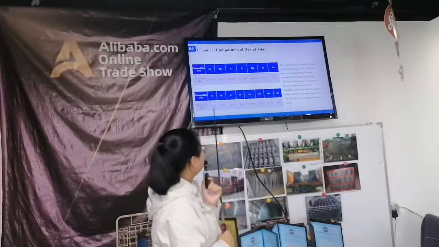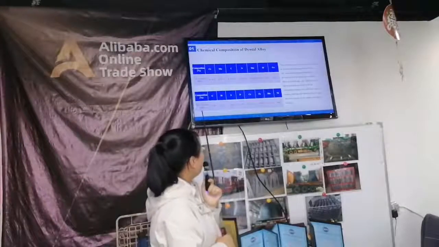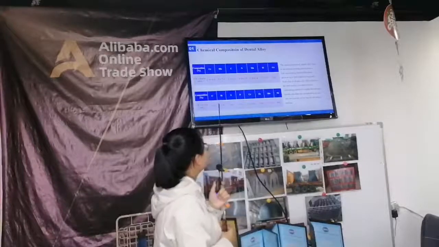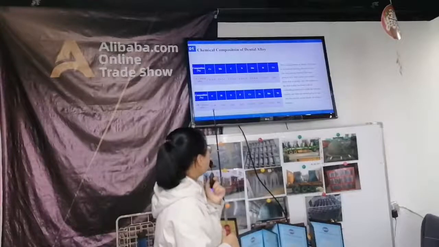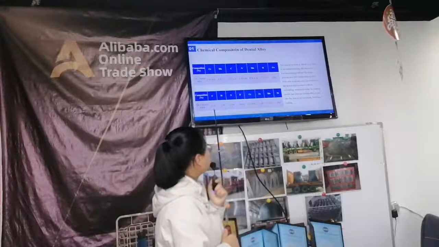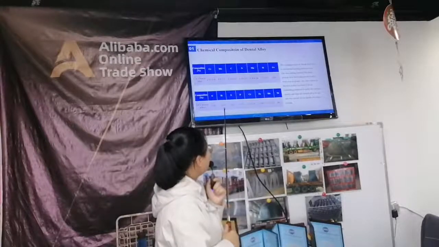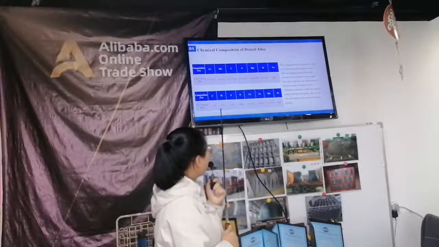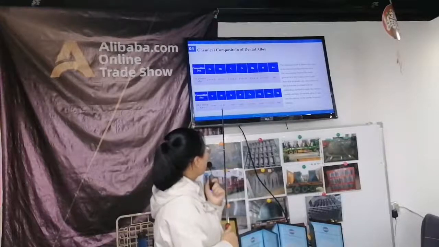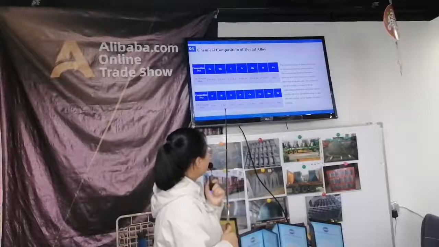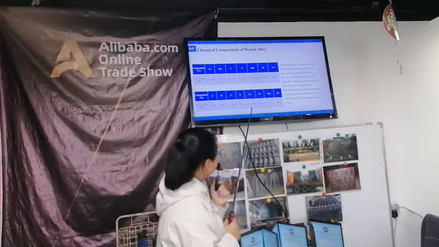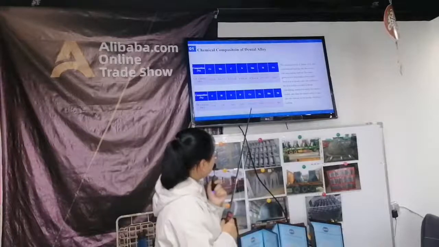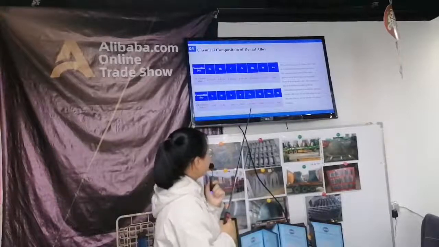This one is nickel chromium dental alloy. For carbide, it's less than 0.05%. For silicon, it's less than 1.5%. For chromium, it's 28 to 26%.